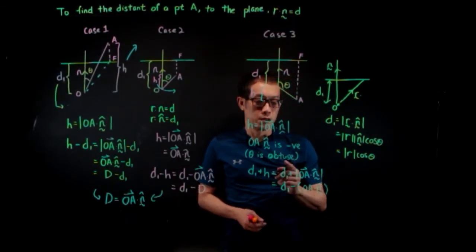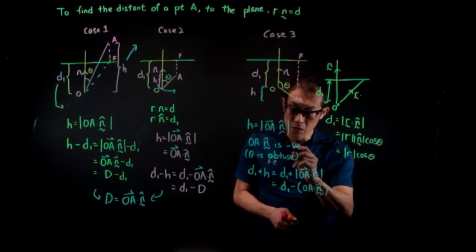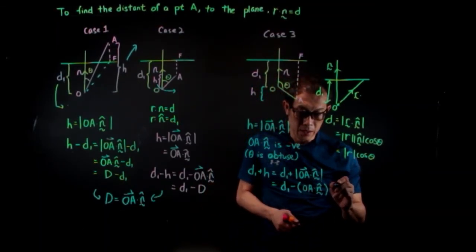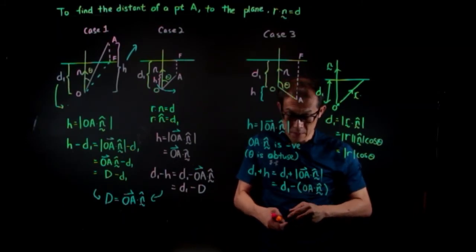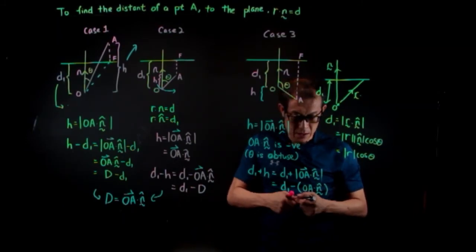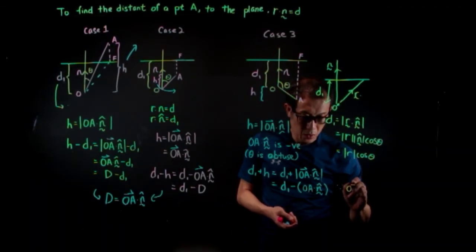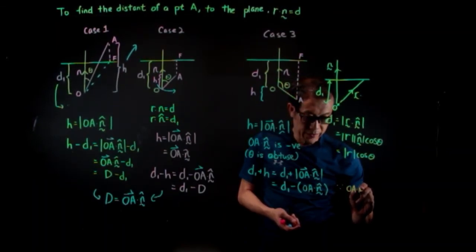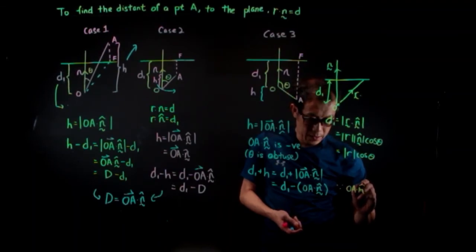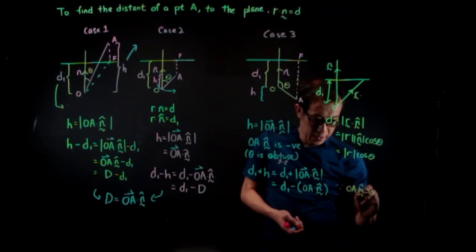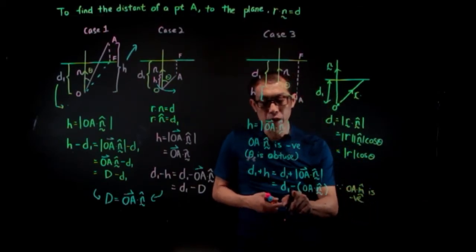Why? Because OA dot unit vector n is negative, we need to put a negative here.